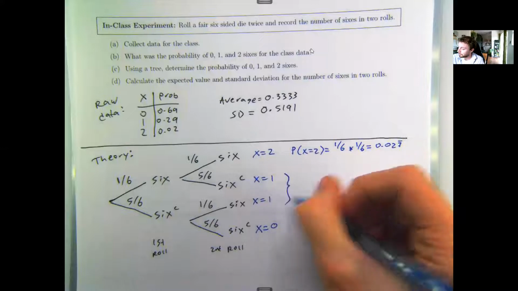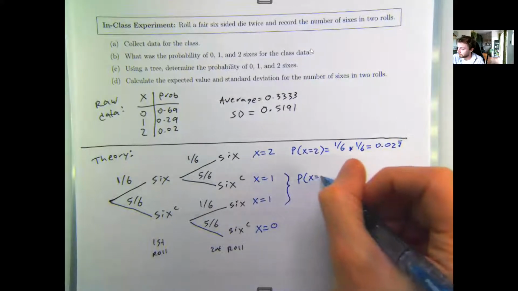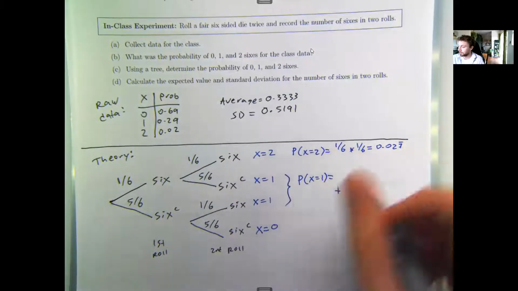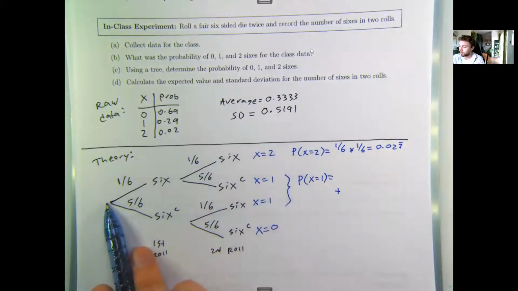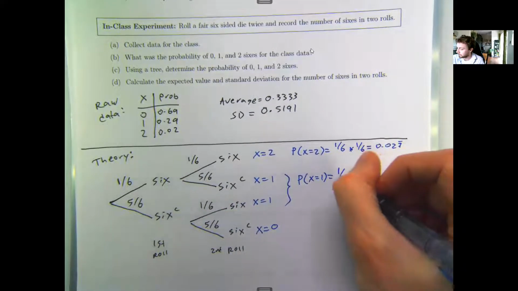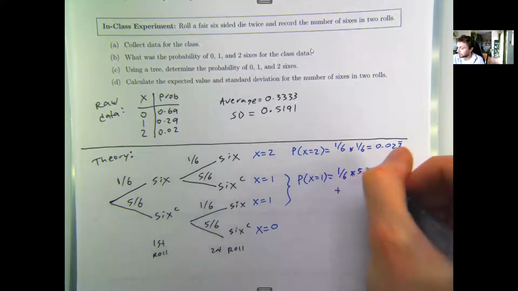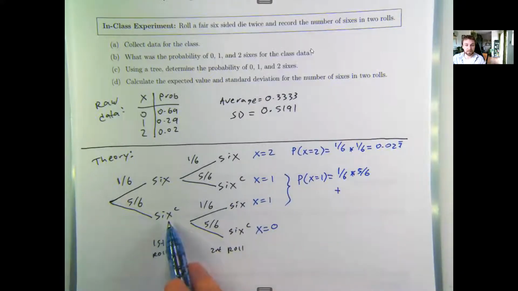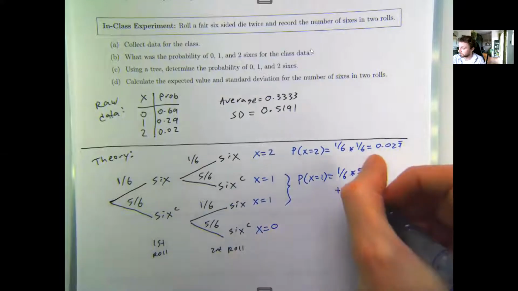To figure out the probability of x equals 1, I have to add these two different spots in the tree, starting with this first one, 1/6 times 5/6. This next spot here is 5/6 and then 1/6.